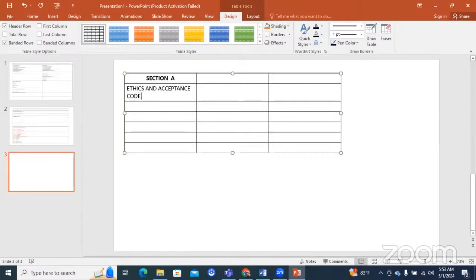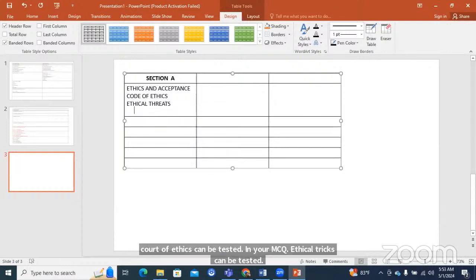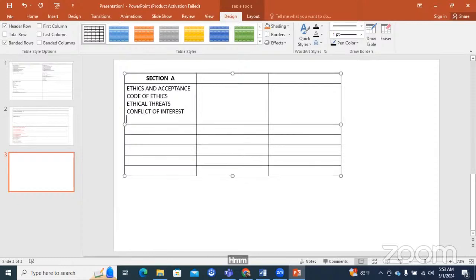Especially, code of ethics can be tested in your MCQ. Ethical threats can be tested in your MCQ, right? And conflict of interest can be tested. And ethical risk can be tested, or else I can say ethical issues. You should know these terminologies.